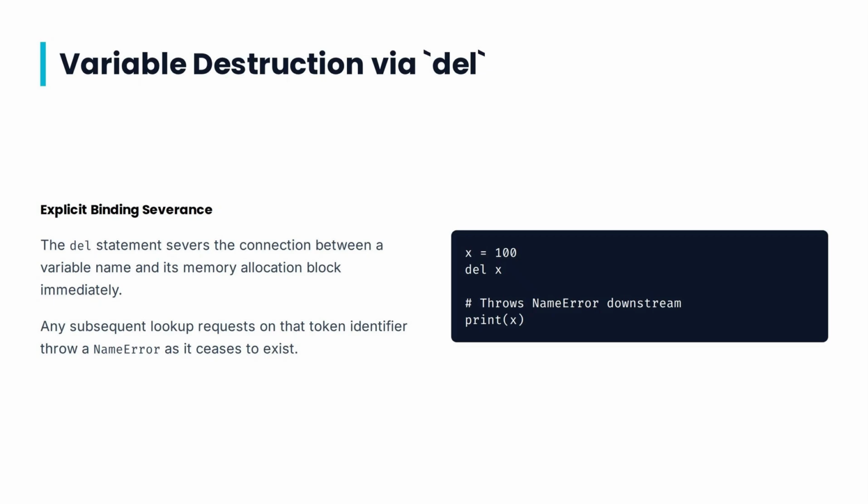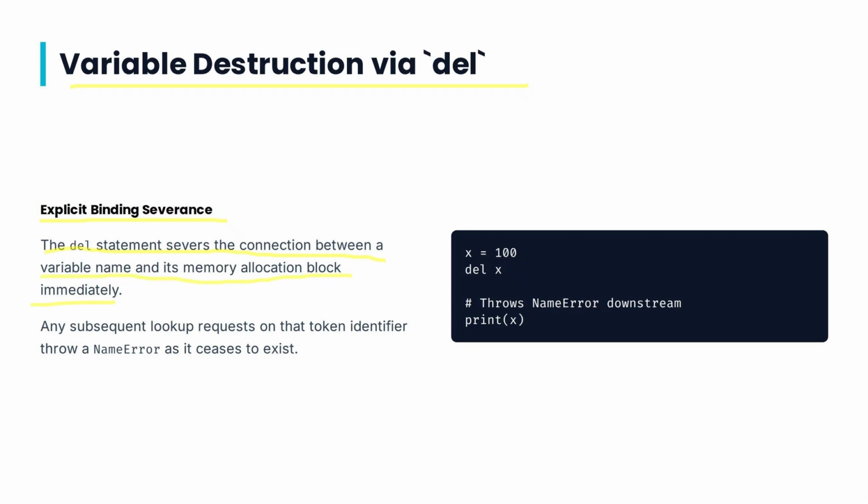Variable destruction via del. So let's see what variable destruction via del says. Explicit binding severance. The del statement severs the connection between a variable name and its memory allocation block immediately.